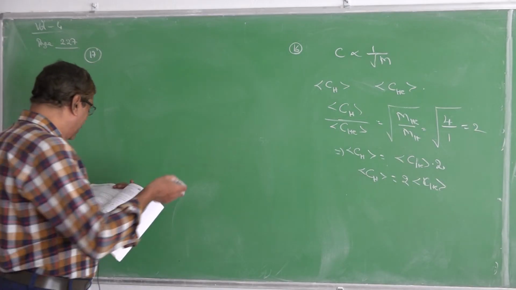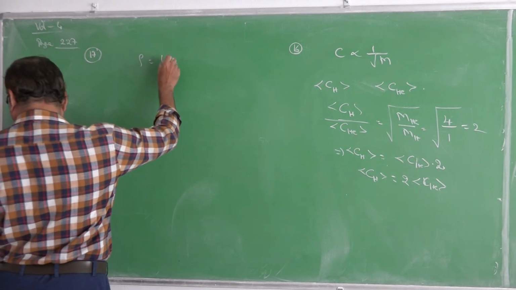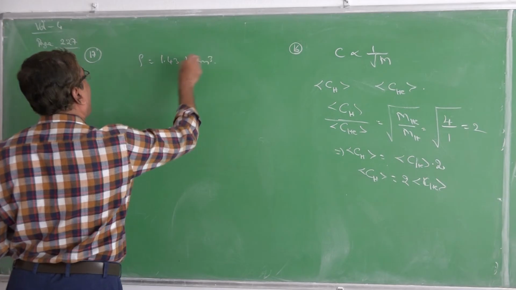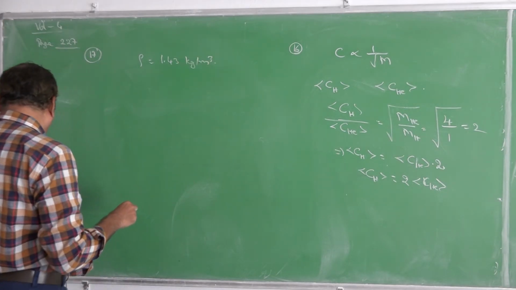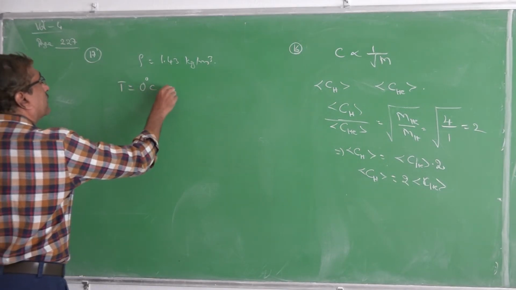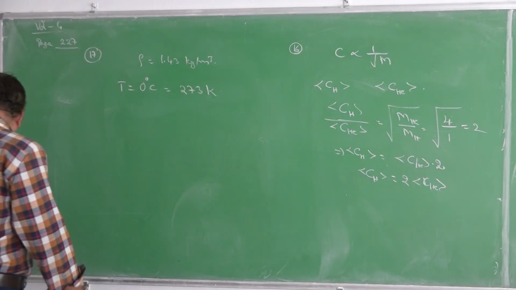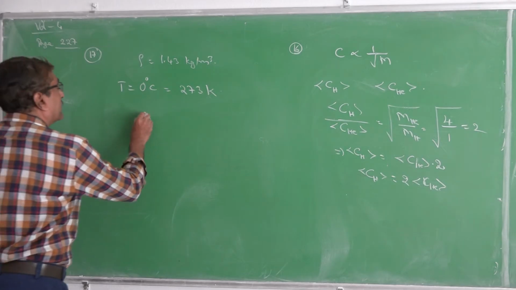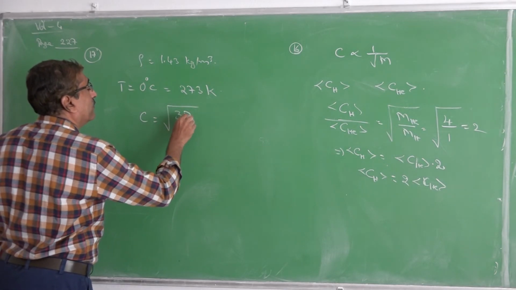So given the density of that particular gas is 1.43 kg per meter cube, and the temperature is given as 0 degree centigrade, that is 273 K. Find the RMS velocity. So RMS velocity is equal to square root of 3p by rho.